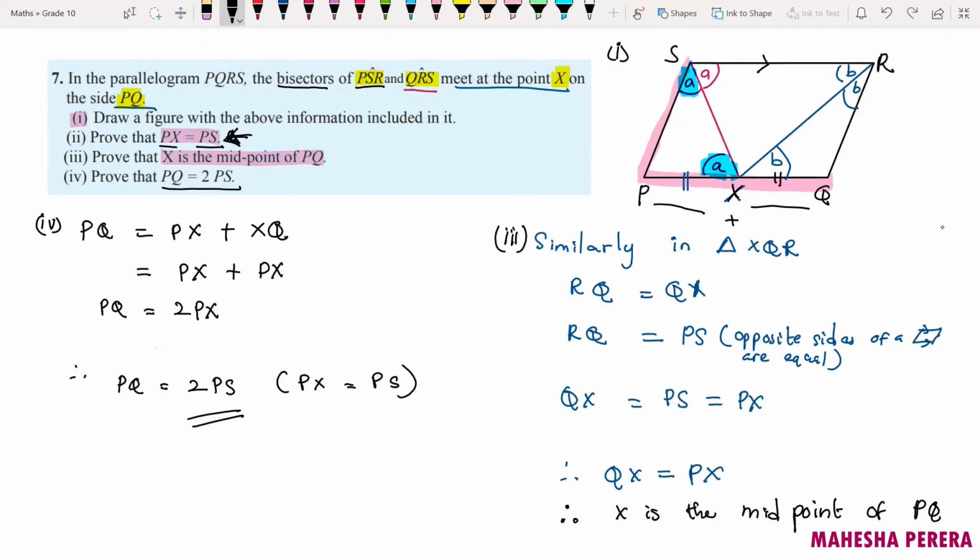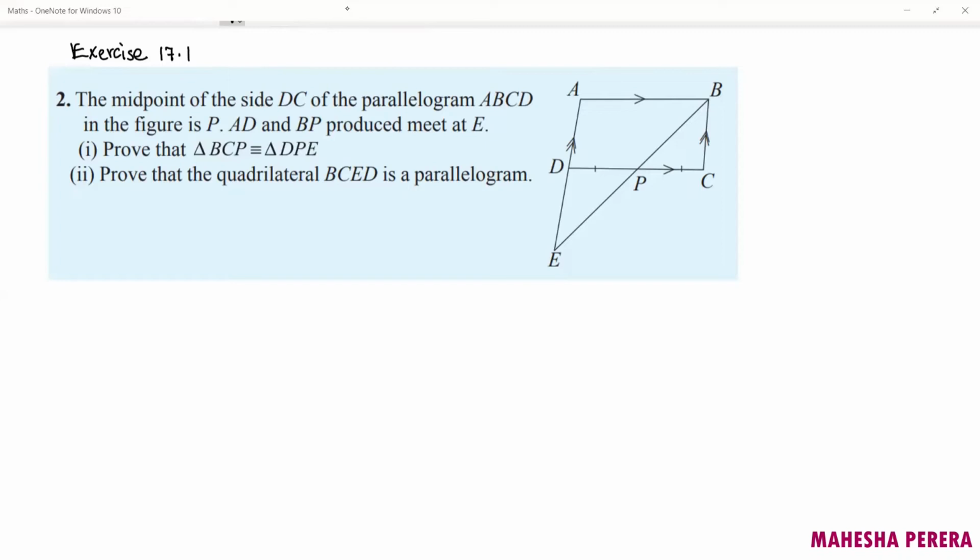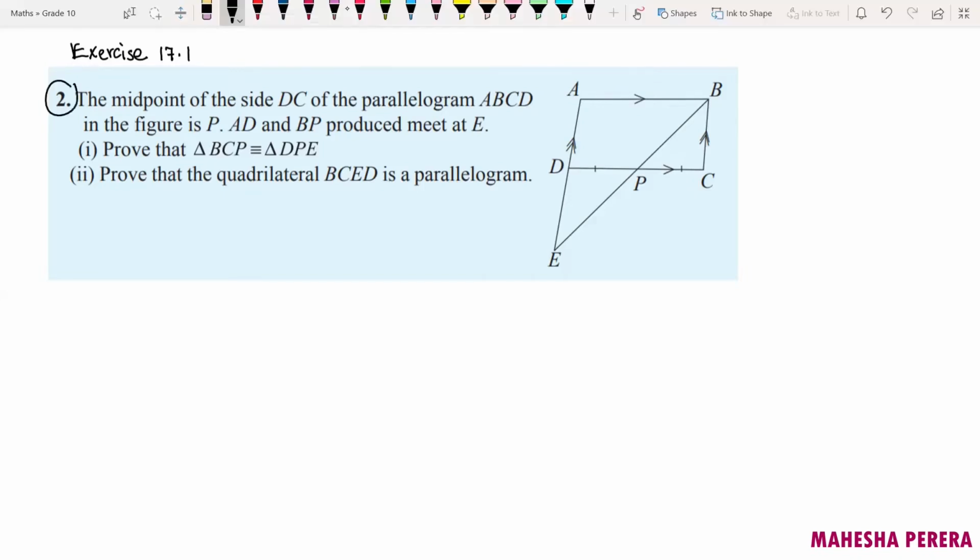Okay, that's the answer. Now I'm going to discuss some questions from the next chapter, Parallelogram 2, chapter 17, exercise 17.1, question number 2. The midpoint of side DC of a parallelogram ABCD in the figure is P. Let's see where our P is. P is here.